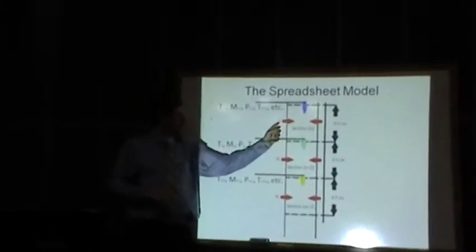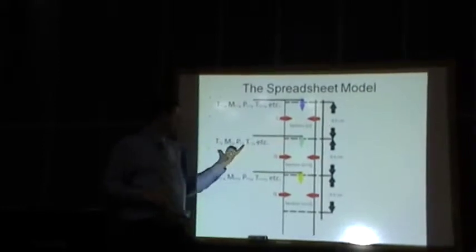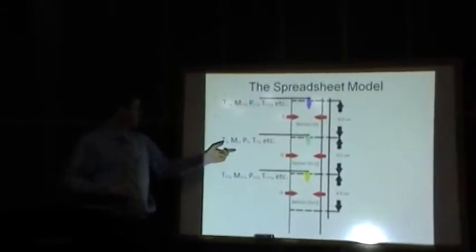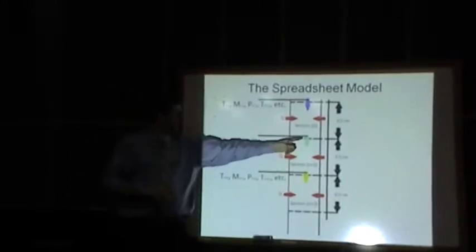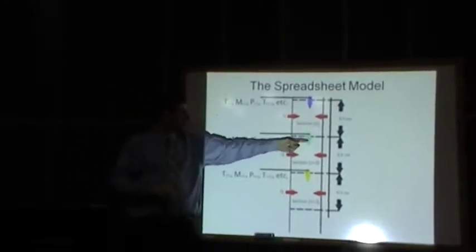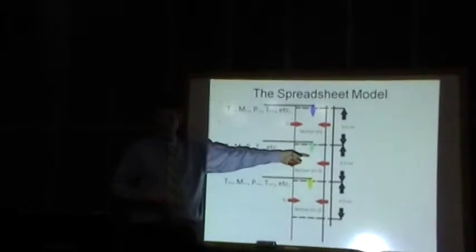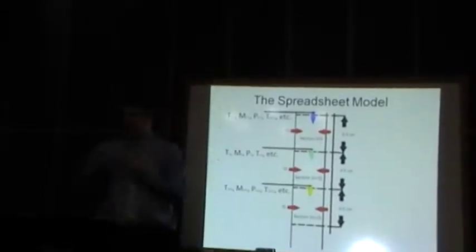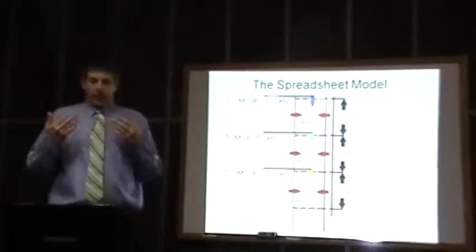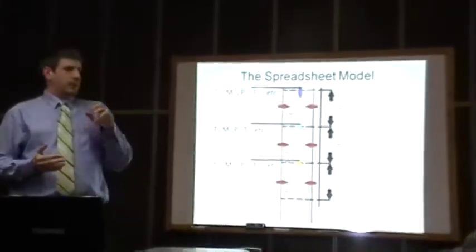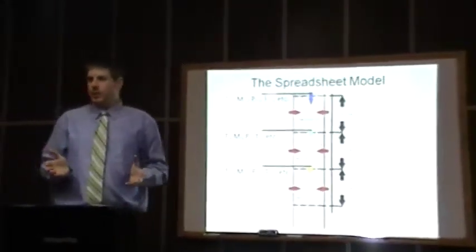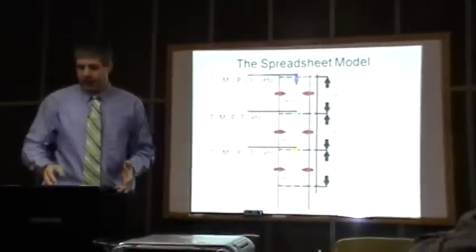Heat gets added to it, and our new properties are a new temperature, Mach number, pressure, and so on. As it leaves this section, it becomes the inputs to the next section, all the way down till we get to the end of the pipe, where because of the pressure difference between the tank and Mars atmospheric pressure, it's a choked flow condition, so it is Mach 1 at the exit.